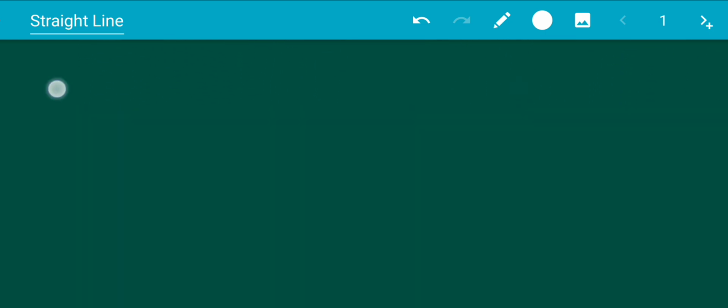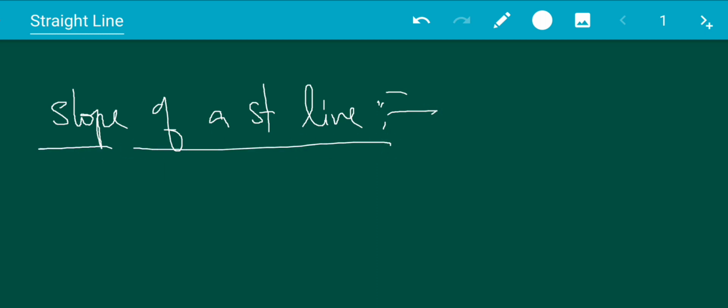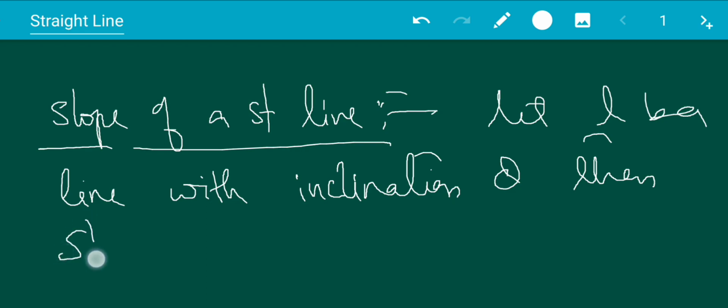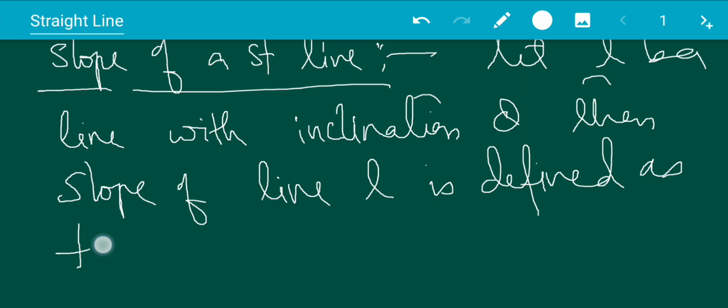Suppose the slope of a straight line. Let L be a line with inclination theta, then the slope of line L is defined as simply tan theta.